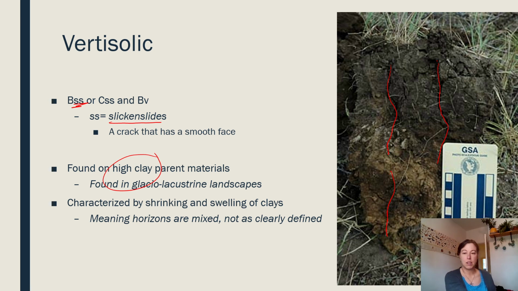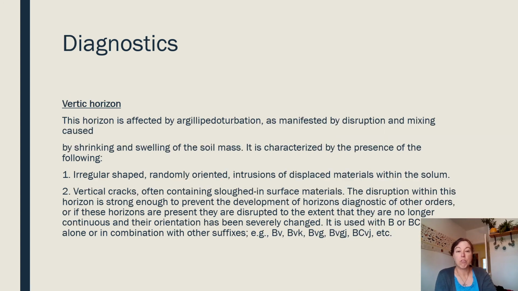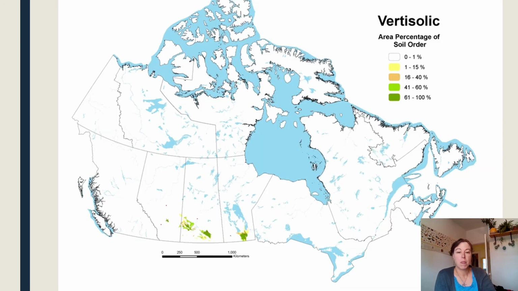So it means that your A horizon and your B horizon, you'll have these weird cracks where the mixing goes up and down these lines, and there's less defined horizontal lines. So this is very specific, you need to have those slickensides. So it's a very specific condition for vertic soil. And as you can see, they're pretty rare.